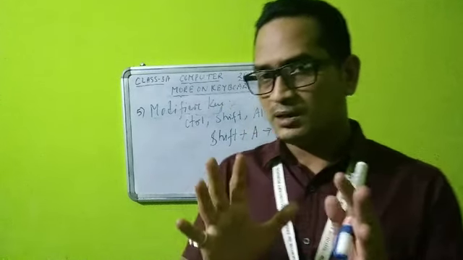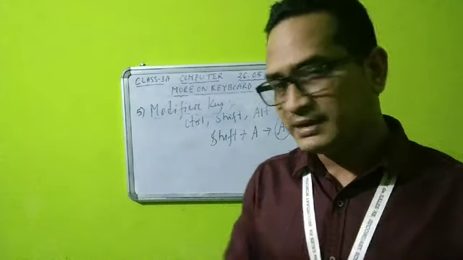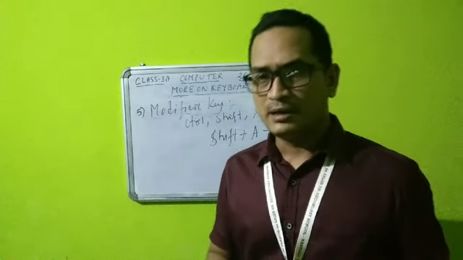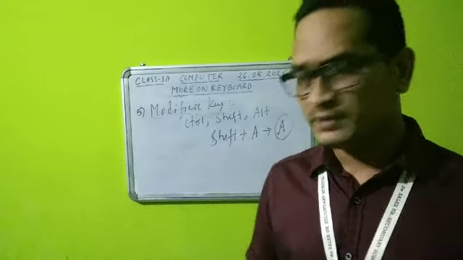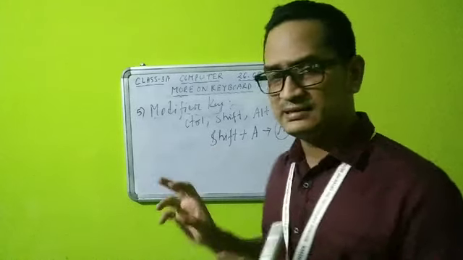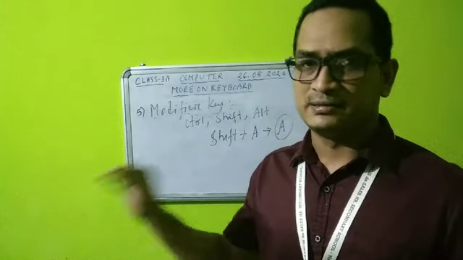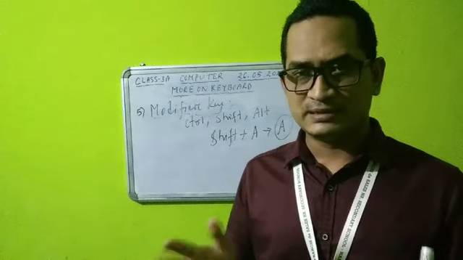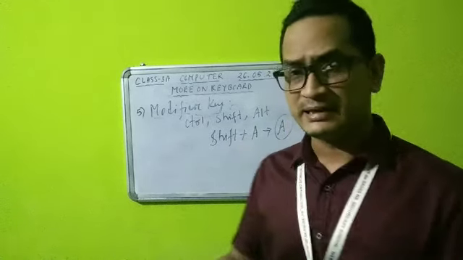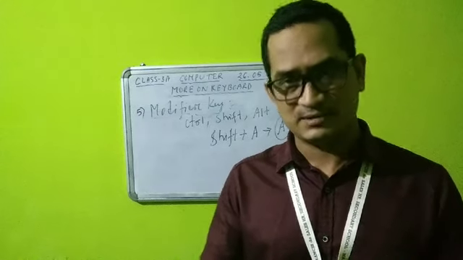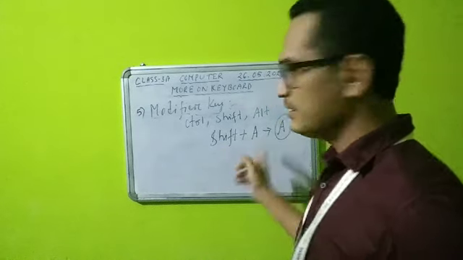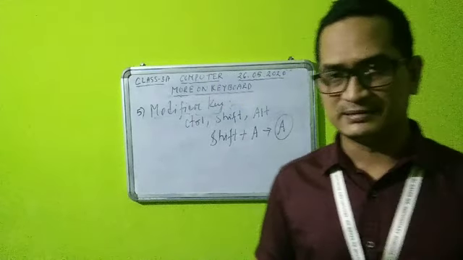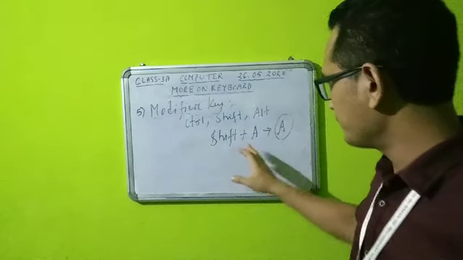So if you need an uppercase and you don't want to press any other key, what you have to do, simply press the shift button and the letter. So suppose the first letter of the sentence is A, and you need that in capital, but all the setting is done as small. So if you press shift A, that particular letter will be typed as capital A only, uppercase. Fine. So that is one work of shift.